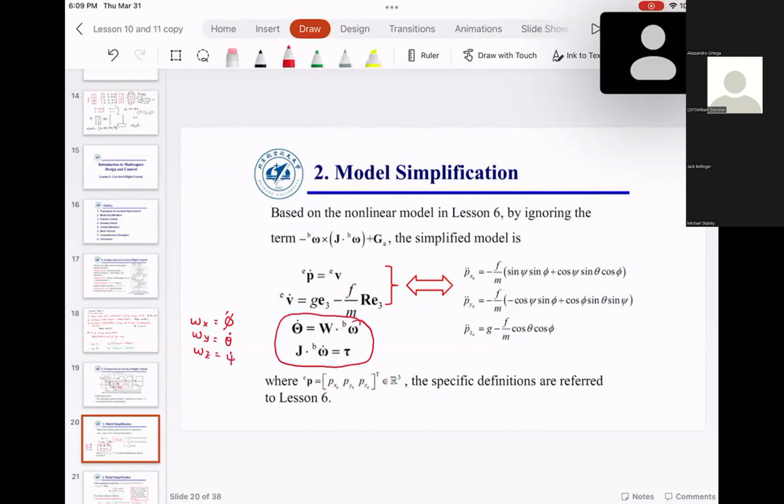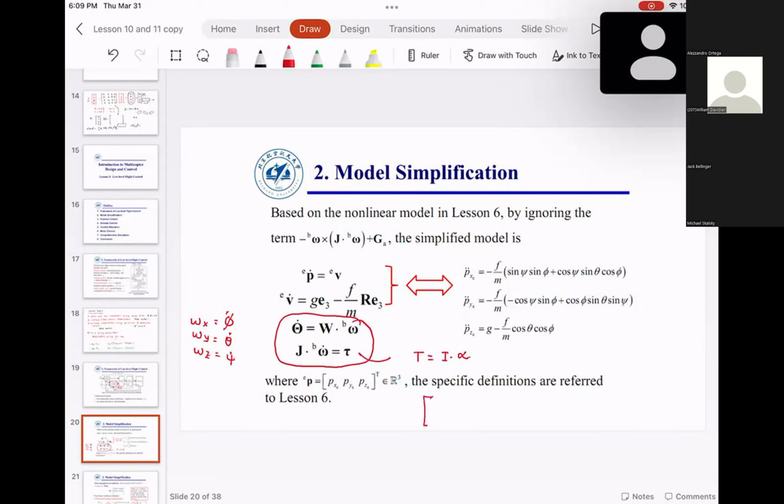So basically, the body rates are equal to the attitude rates when the two coordinate systems, the north-east-down and the body coordinate system, are aligned. That's what this means. The second equation is J omega dot equals body rates tau. What this means is nothing but T equals I times alpha, where T is torque, and I'm going to write this explicitly.